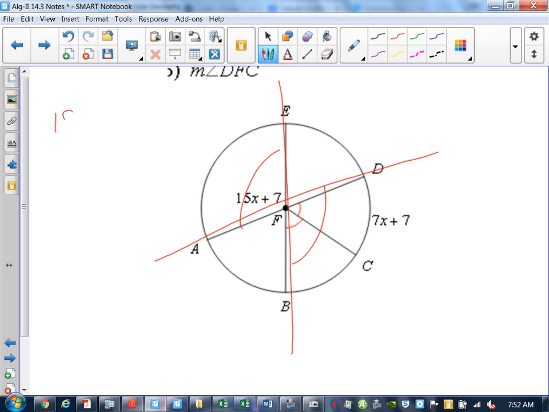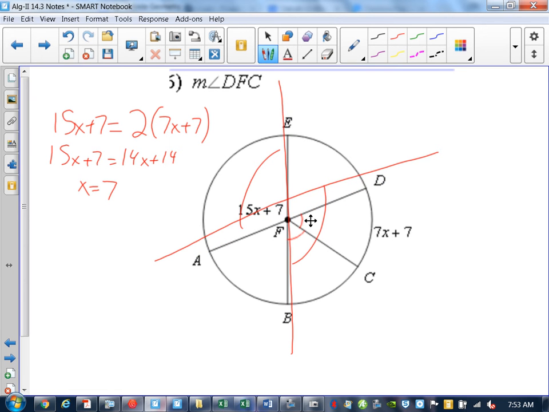So 15x plus 7 has to equal 2 times the 7x plus 7 because the congruency thing works. So you have 15x plus 7 is 14x plus 14. And you can probably see where this is headed right away. Subtract that 7, subtract the 14x, and you're going to get x is 7.